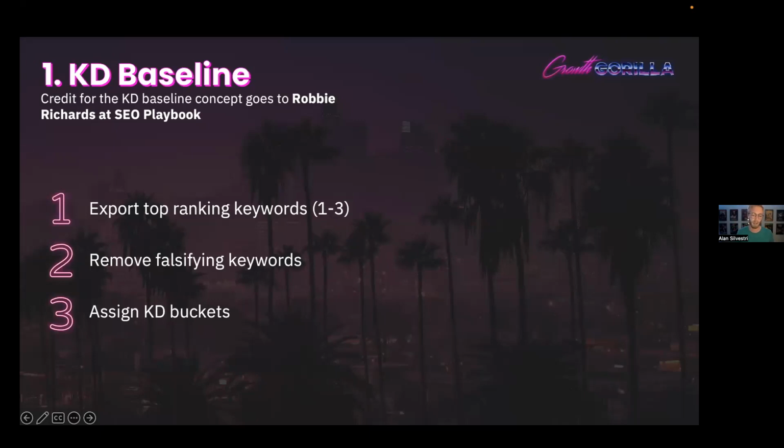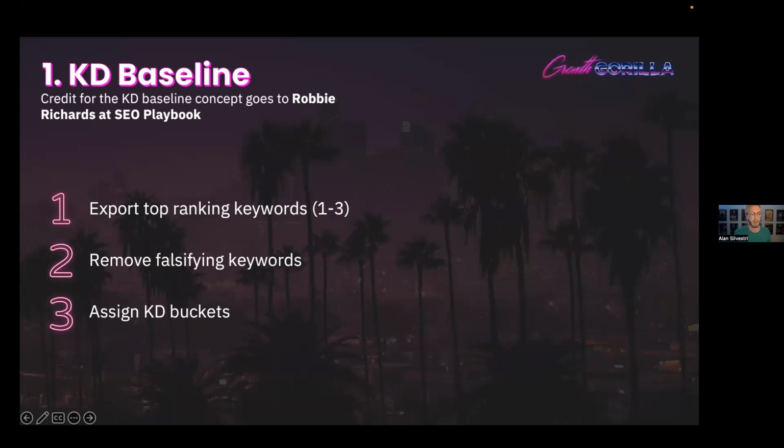If you think about keyword difficulty, you probably think about the standard metrics that you have in Ahrefs. But the problem with those metrics is they're good as a generic baseline. What we need here is keyword difficulty buckets that are customized for a specific website, for the situation as it is right now, okay?